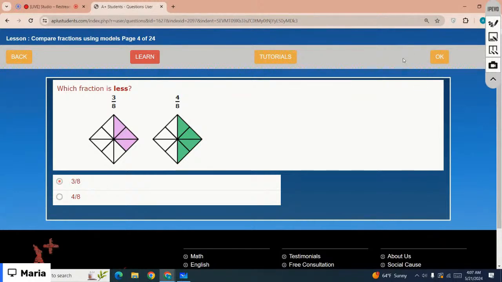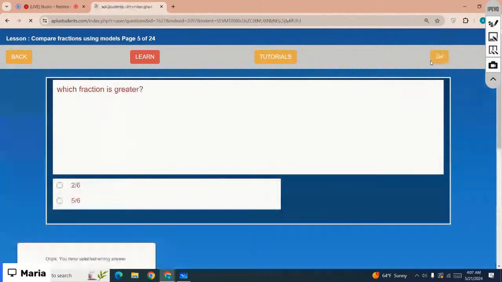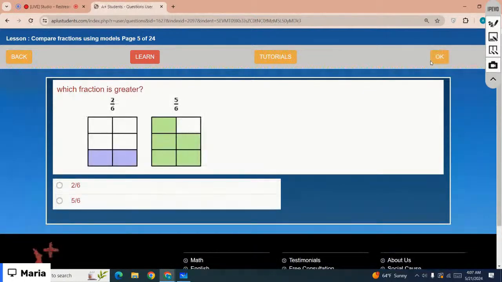The correct option is 3/8. Which fraction is greater? 2 by 6, 5 by 6? 5 by 6 is greater, right? Because 5 by 6 has more portions colored. So 5 by 6 is greater than 2 by 6. The correct option is 5 by 6.